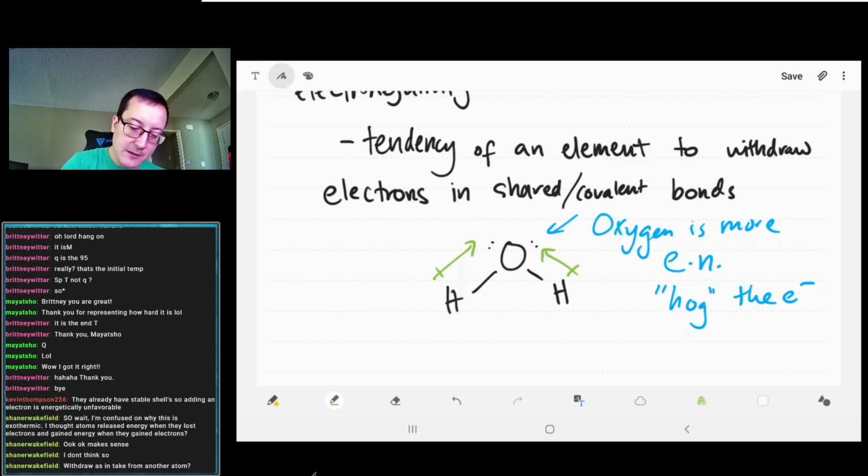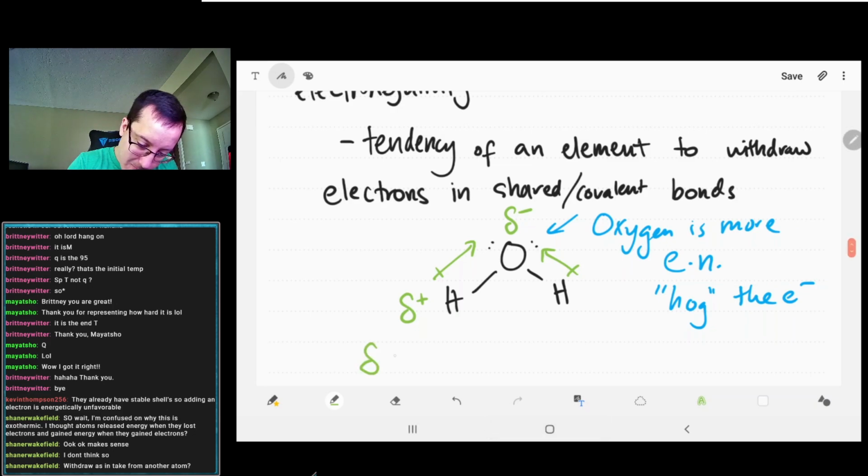And so as a result, it's going to get a little negative charge. That's a lowercase delta. And the hydrogen is going to be a little bit positive as a result. This part, don't worry about. This we're going to talk about next chapter. I just want to show what this means in terms of hogging electrons.